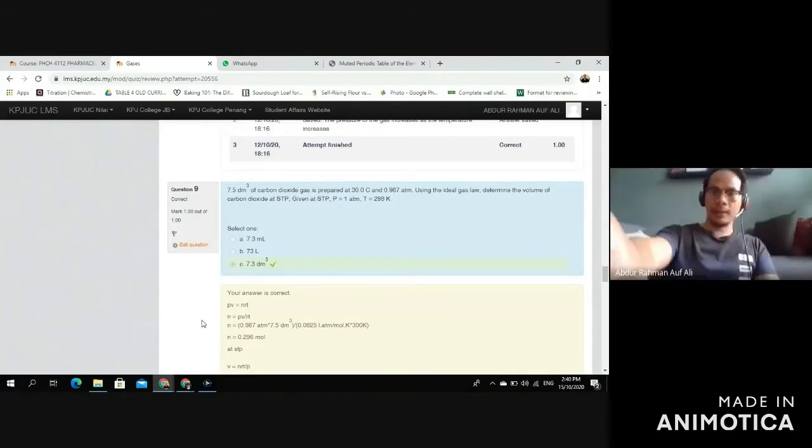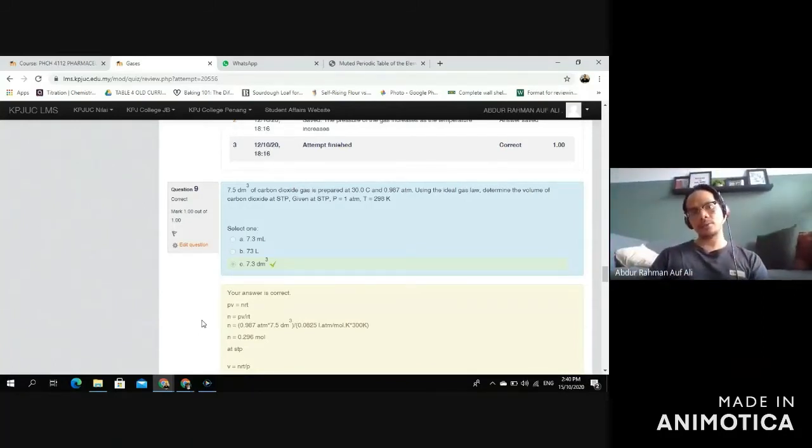Okay. So here dia suruh cari volume of this gas at STP. So dia bagi pressure is 1 atm, temperature is 298, volume kamu ada 7.5 decimeter cubic, temperature kamu ada 30 degree Celsius, pressure kamu ada 0.987 atm.